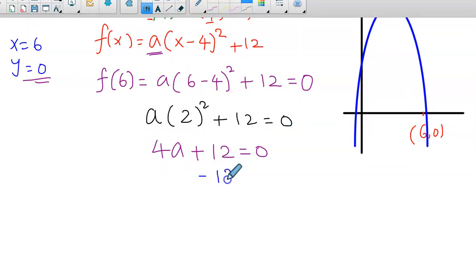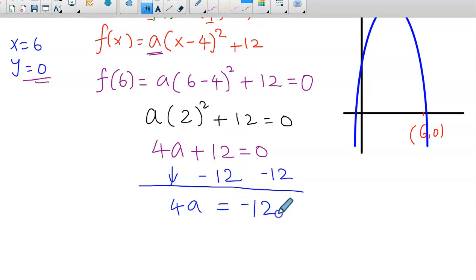First step towards getting the value of a is to subtract 12 on both sides, leaving behind 4a is equal to, the 12 cancelled, negative 12. 0 minus 12 is negative 12. Then divide by this 4, because I want to make a by itself.